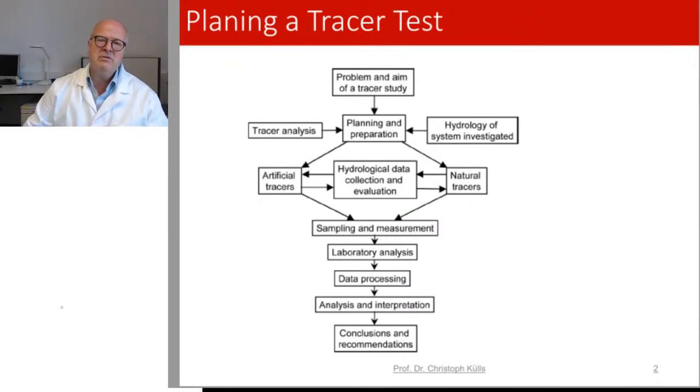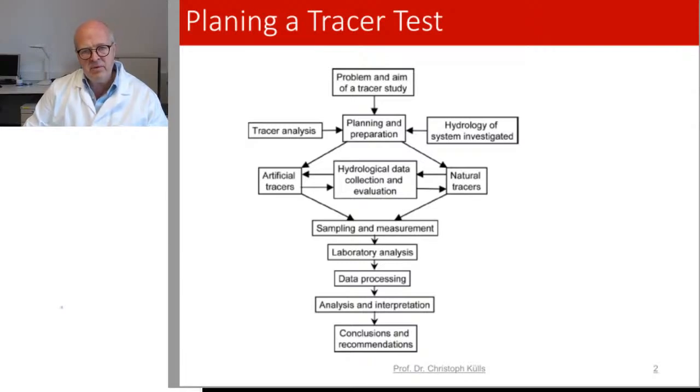The timing of the trace experiment is extremely important. If you want to study interactions between groundwaters and rivers, you need to actually have an idea of when the groundwater feeds the river and when the river feeds the groundwater. Now, it makes a huge difference whether you do an experiment in July or in December. So we always try to choose a time when the system is active, when there is connectivity.